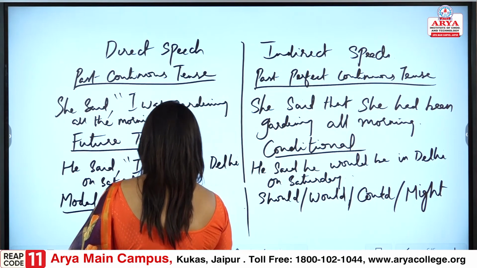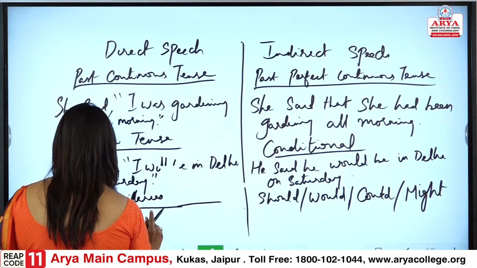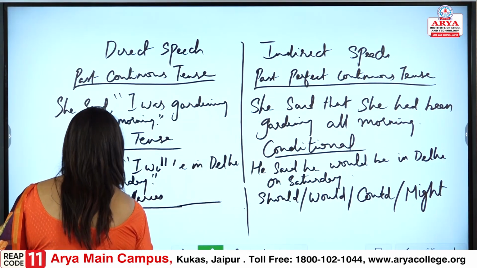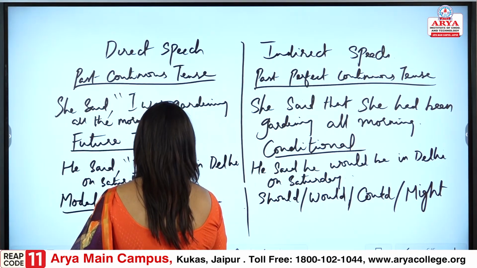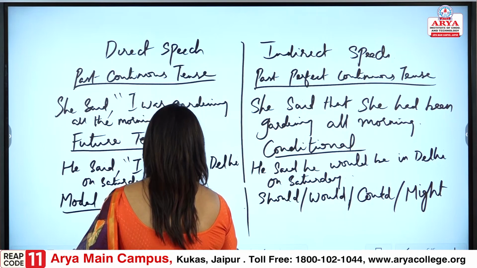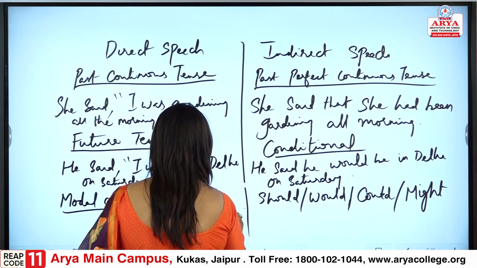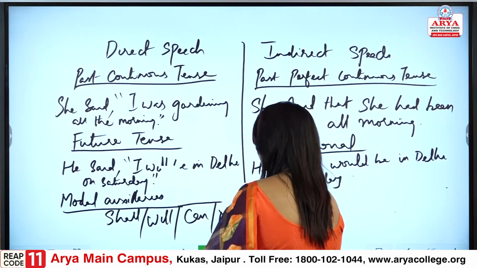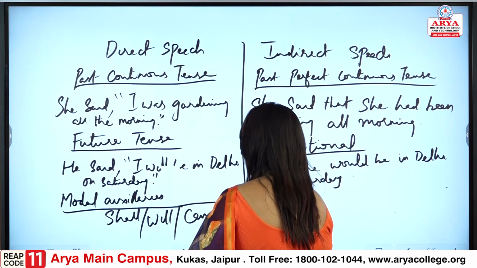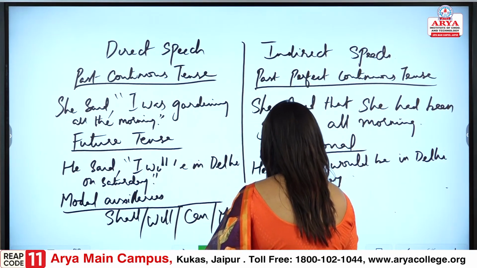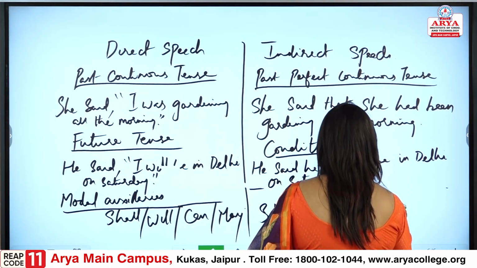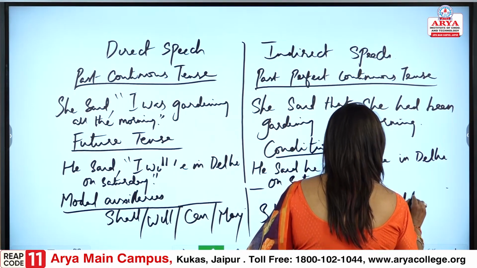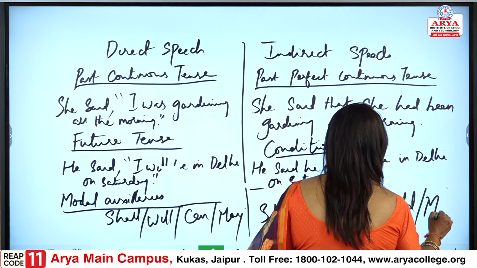The modal auxiliaries shall, will, can, may are converted to should, would, could, might.